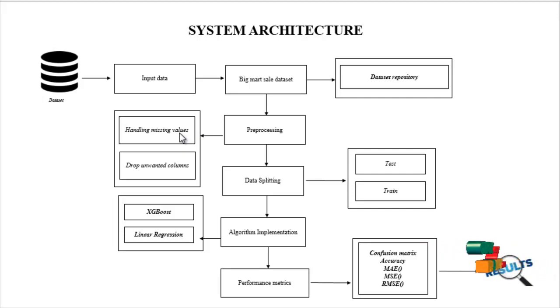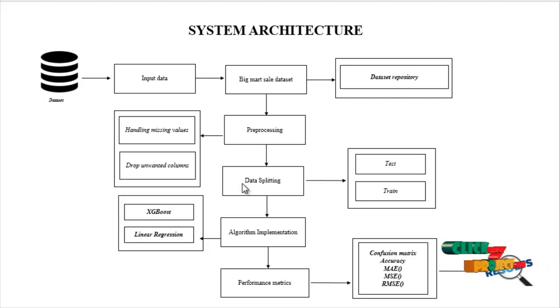That step is implemented here. Dropping unwanted columns means if any unwanted column is included in our data set, we drop that column. That step is implemented in the drop unwanted column step.